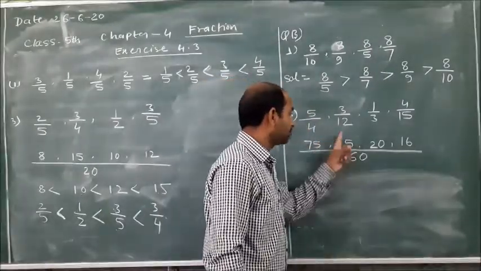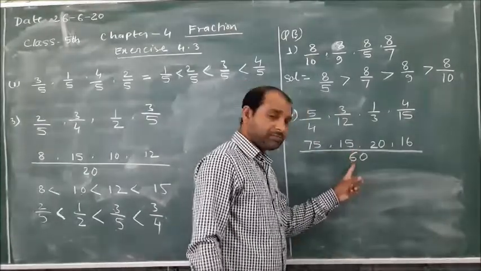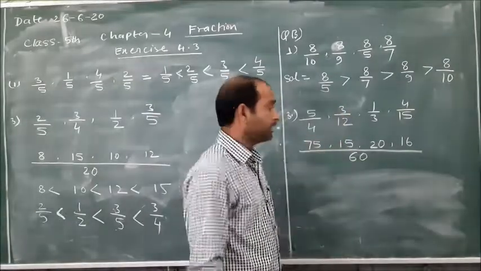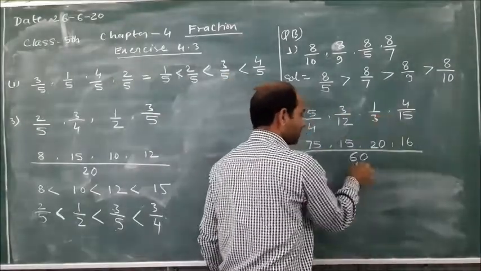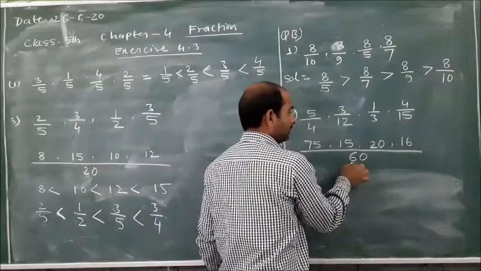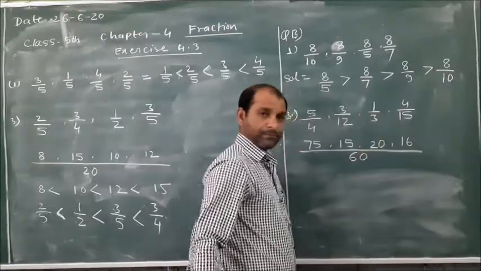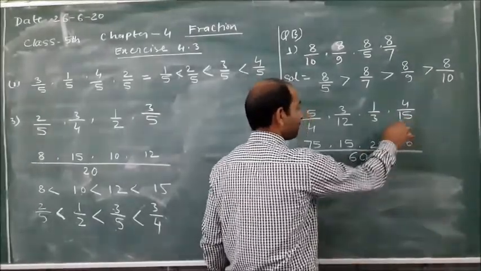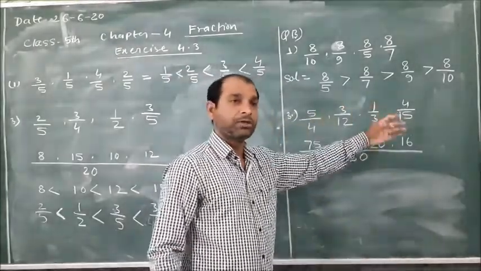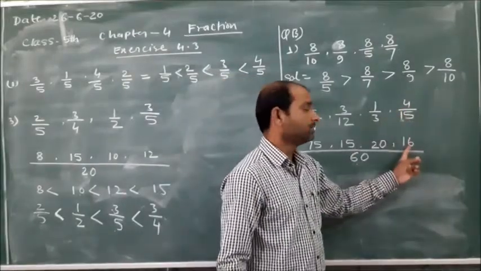Now 60 divided by 12: 12 times 5 is 60, the answer is 5, and 5 times 3 is 15. 60 divided by the denominator 3: the answer is 20, and 20 multiplied by 1 equals 20. Then 60 divided by 5 is 12, and 12 times 4 is 48.